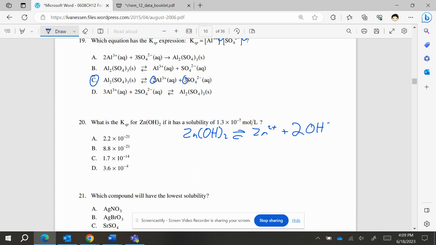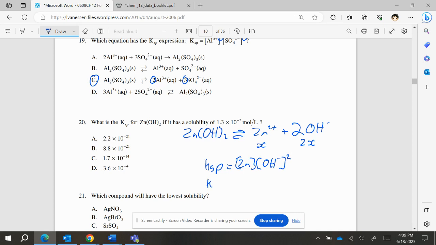As zinc hydroxide is put into solution, it's going to dissolve into an X to 2X ratio. Now, the Ksp of this thing is going to be zinc times hydroxide, like that, squared, right?